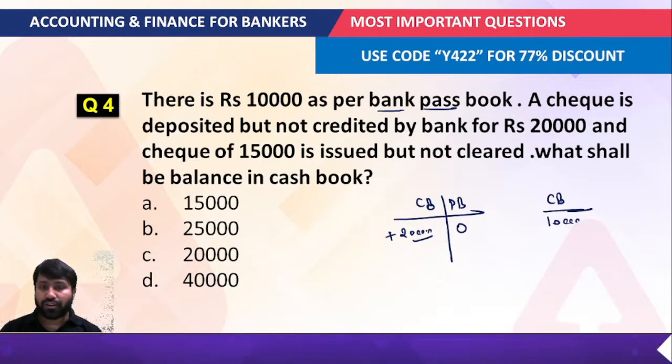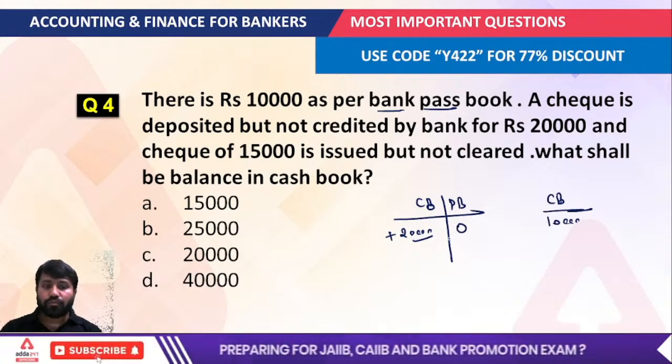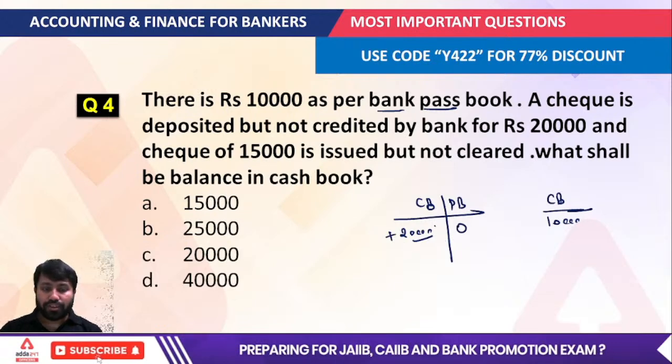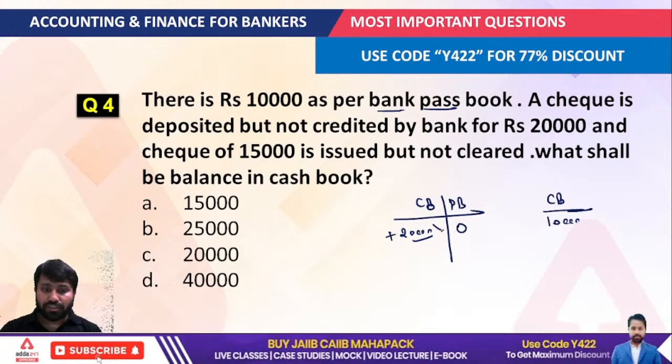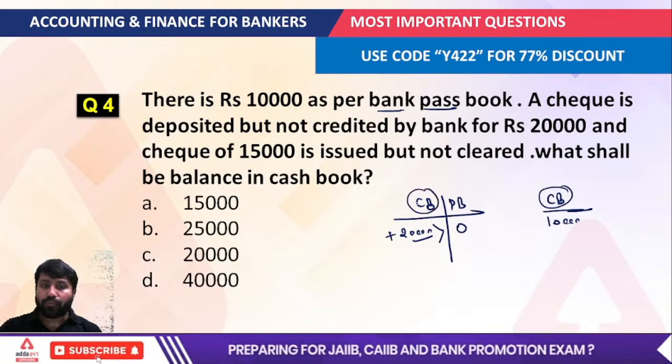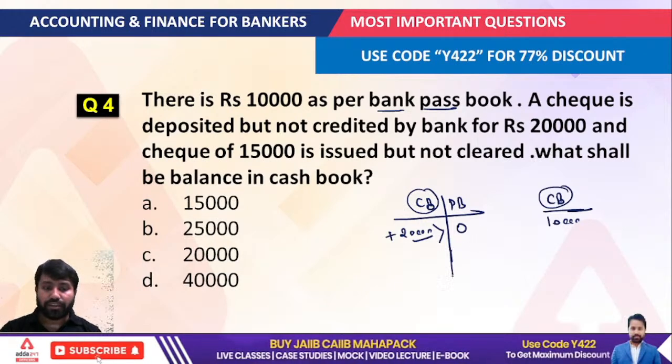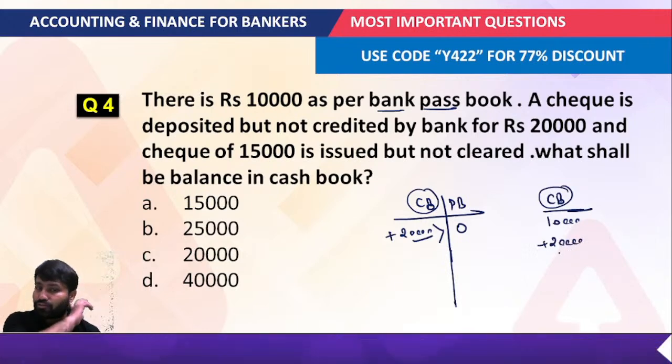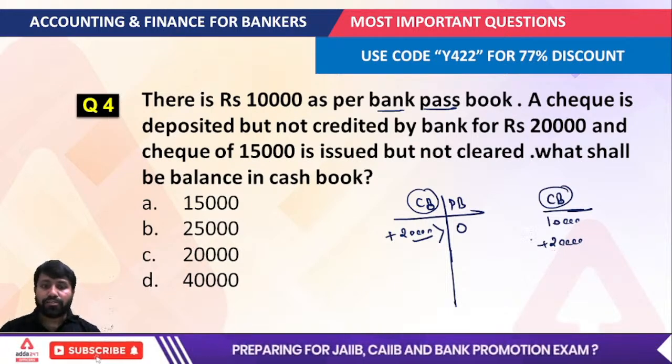In that scenario, the cash book balance would be greater than the passbook balance, because here we are calculating the cash book balance, so you will write 20,000.